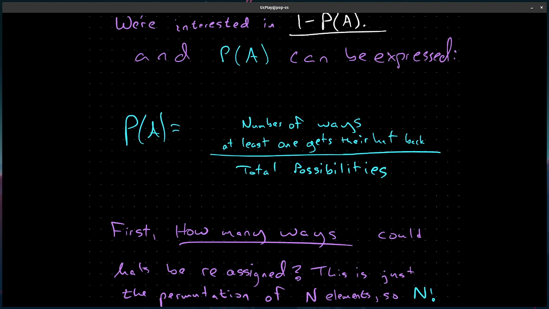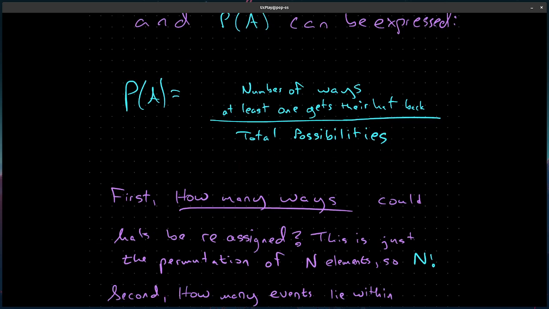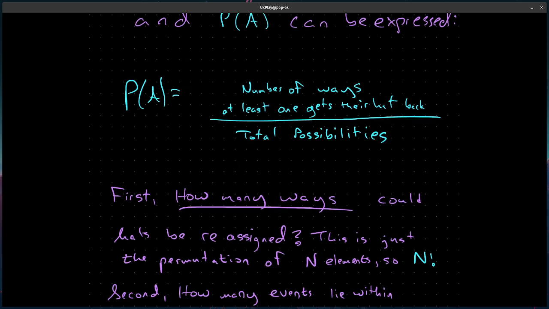An easy way to do that in a combinatorial setting is to say, if all of the outcomes happen with equal probability, we can list out some of the outcomes: the number of ways that at least one gets their hat back over the total number of ways that this could all pan out.